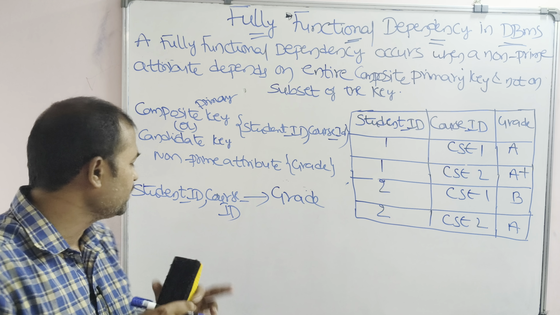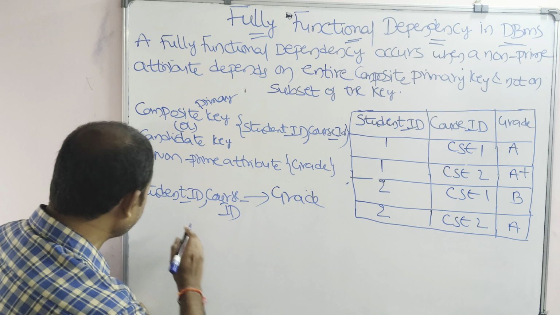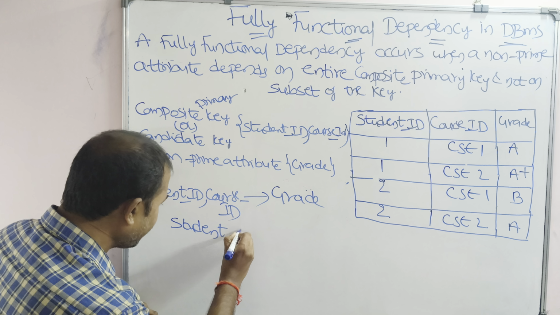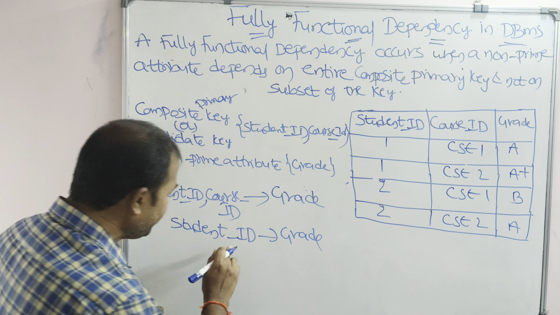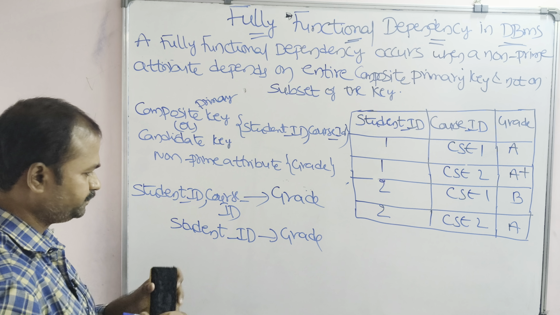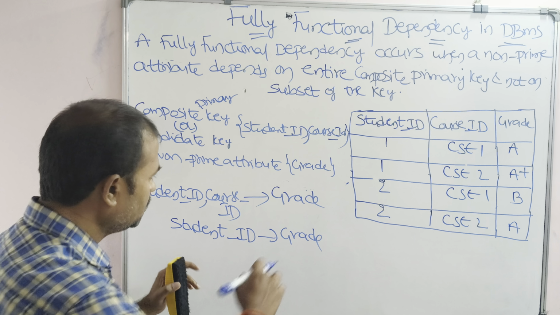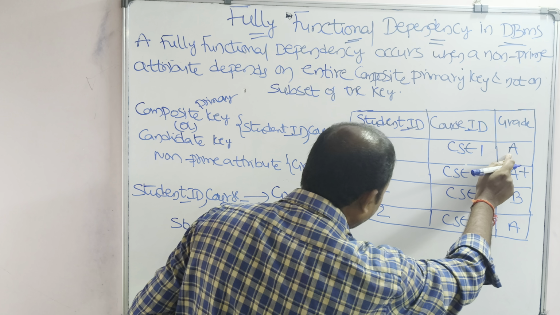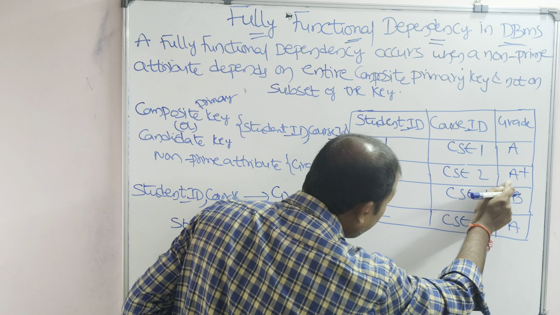Now let's remove an attribute from the candidate key. Let us remove course ID. So now the functional dependency will be like this: student ID implies grade. Now let's check whether student ID is determining grade or not. Student ID 1, grade is A. Next, student ID 1, grade is A plus.